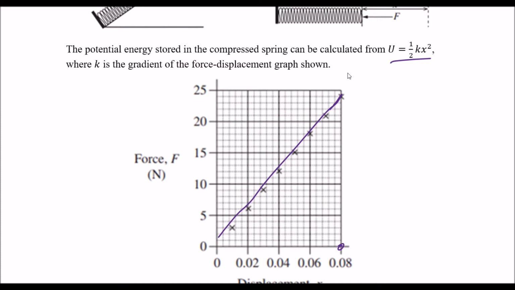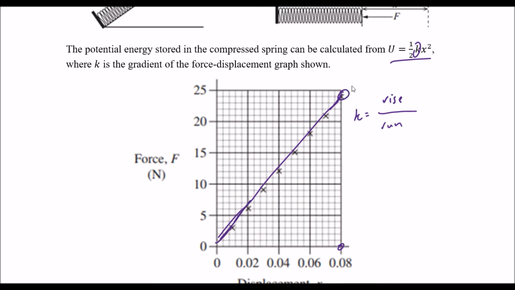So what we'll need to do first is find the value of k, so our gradient, so our rise over our run. So drawing the graph out, it looks like our line comes along like here.